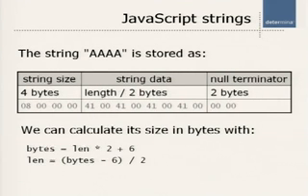So we can use the 2 formulas that are shown up there on the slide to calculate how many bytes would be required to store a string of a specific length. We can also go the other way and calculate, if we want to allocate a block of a specific size in bytes, how long the string needs to be.